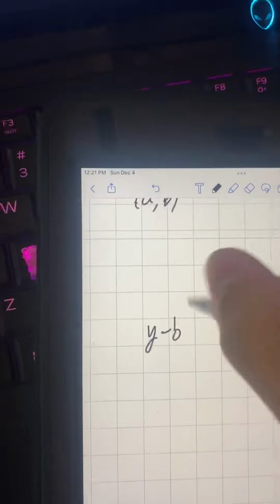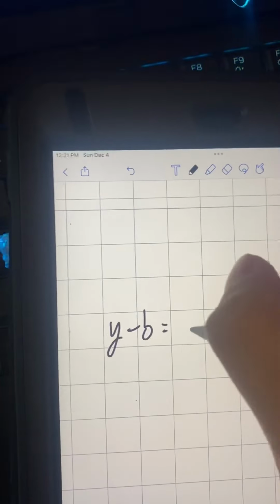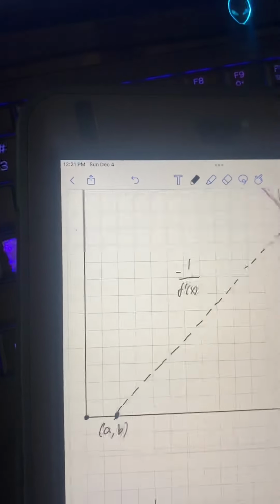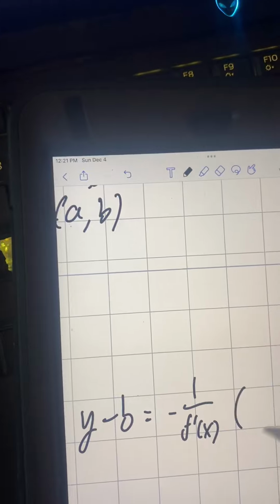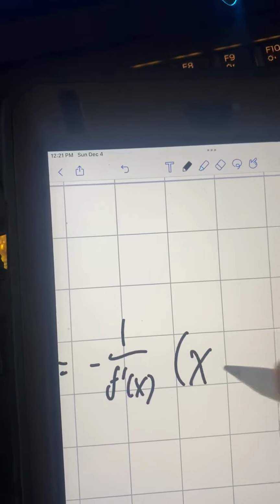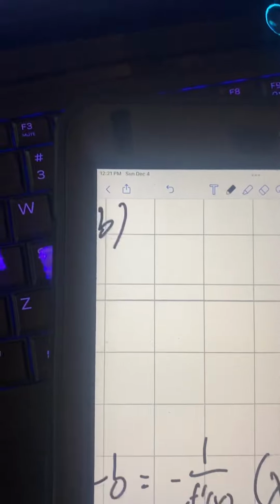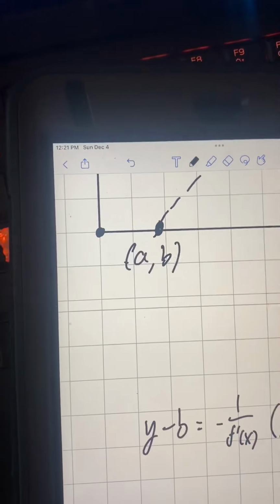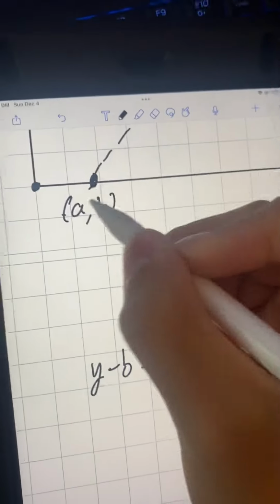So this will still be a variable, is equal to -1 over f prime of x, right? Which is your slope of this line here, right? And you have x minus a, which you also don't know. Or in fact, we do know our b, my bad. You know that b is 0 because we're trying to find out what x that's b is.